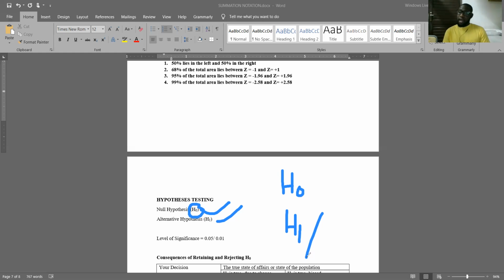Then my H0, based on the H1 hypothesis, I could easily formulate an H0 out of it by stating males will perform poorer. That will be my H0, or there will be no significant difference between males and females.